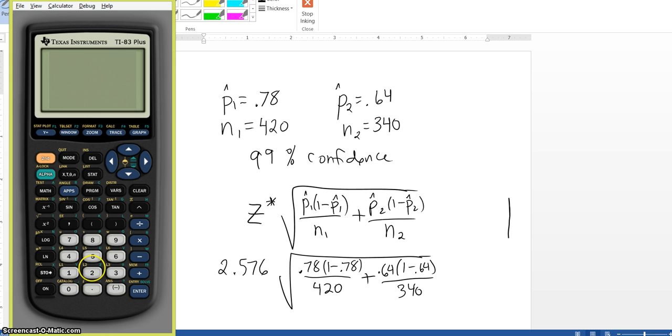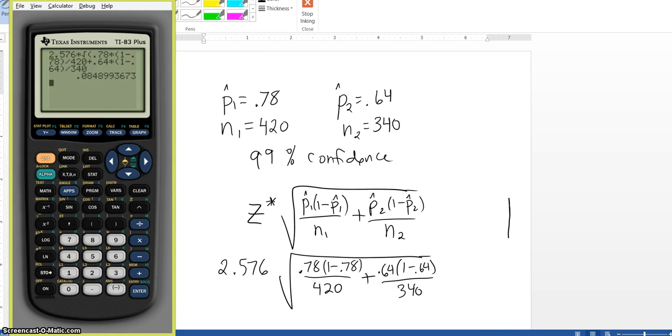I have 2.576 times my square root, 0.78 times 1 minus 0.78 divided by 420 plus 0.64 times 1 minus 0.64 divided by 340.